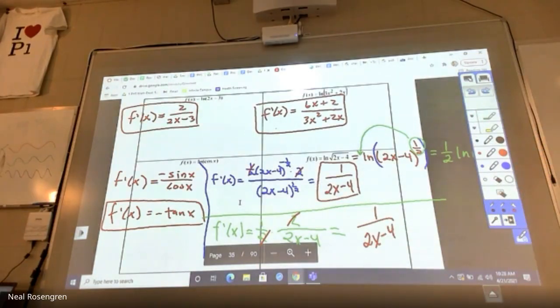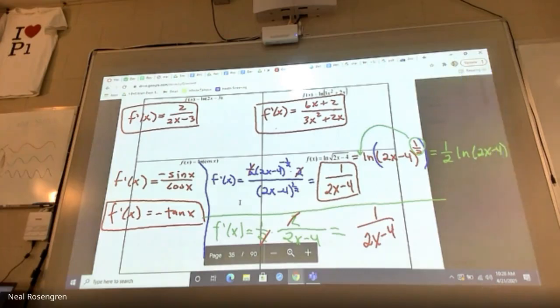Really nice. Properties of logs were pretty useless when you just learn them as properties. Why am I expanding and condensing? This. Either one's great. If you don't catch the property, if you don't notice that one. I think it does come up once more, I think on 218, 219. Again, feel free to skip 216, 217.